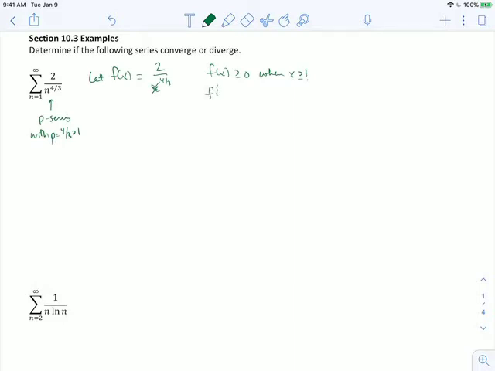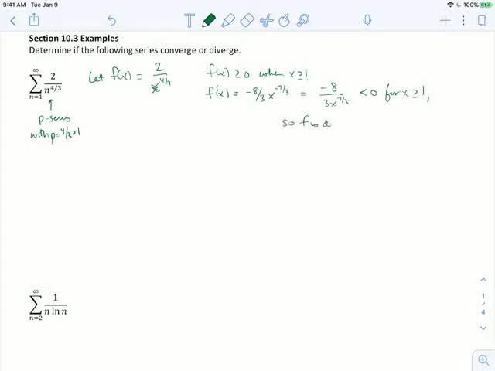Decreasing, to show decreasing, we should look at the derivative. And so our derivative is going to be, I believe, negative 8/3 x to the negative 7/3, which I could rewrite this way. And we observe that this is less than 0 for x bigger than or equal to 1.